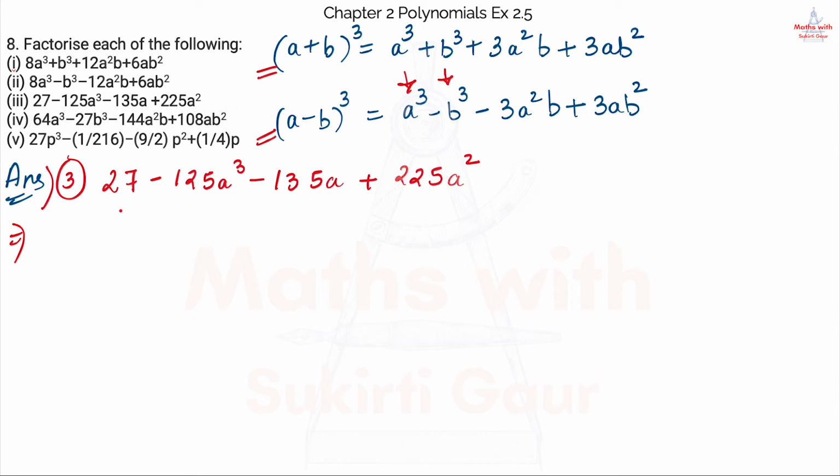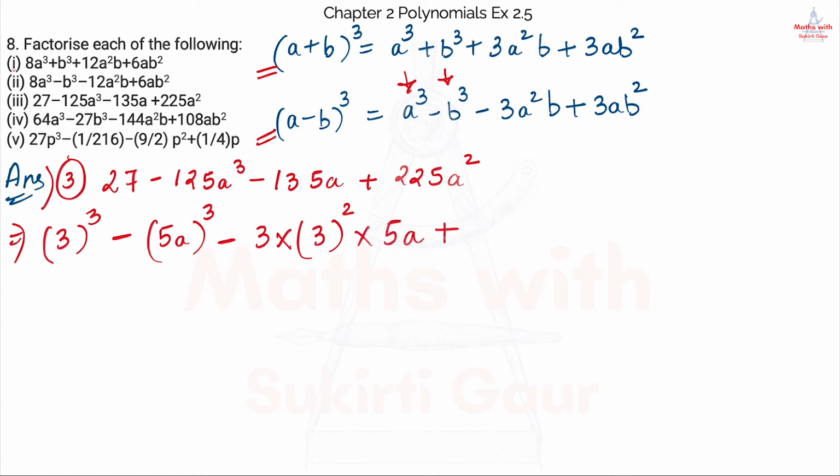I write this as 3 whole cube, minus 125a cube, we can write as (5a) whole cube, minus 3 into a square, where a square means 3 square and b is 5a. The last term is 3ab square, where a is 3 and b square is (5a) whole square.